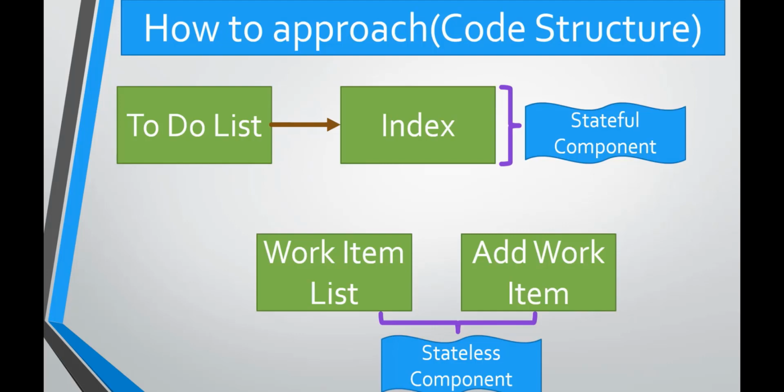Both the work item list and add work item will receive functions and other properties. We simply pass props from there and import them inside the index file, where we manage all the state of this small application and all the functions which we perform. So without wasting any time, let's move to our coding part.